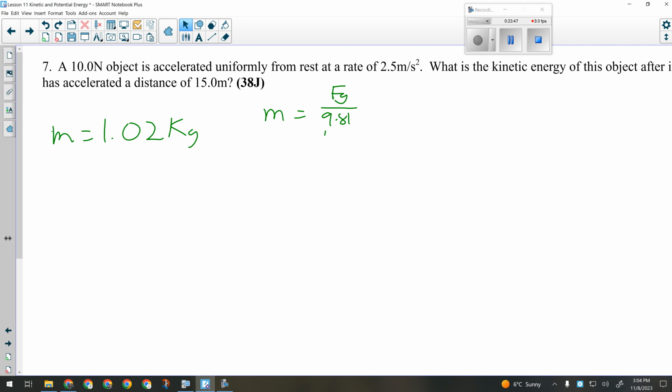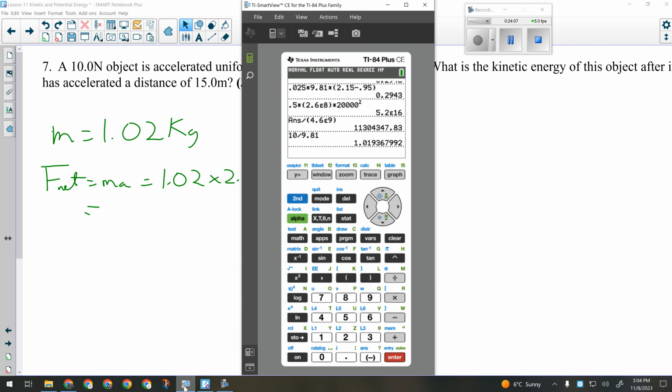So method 1: I can calculate the net force because I now have mass and acceleration. Everyone okay with that? F net equals m times a, so that's 1.02 times 2.5 meters per second squared.